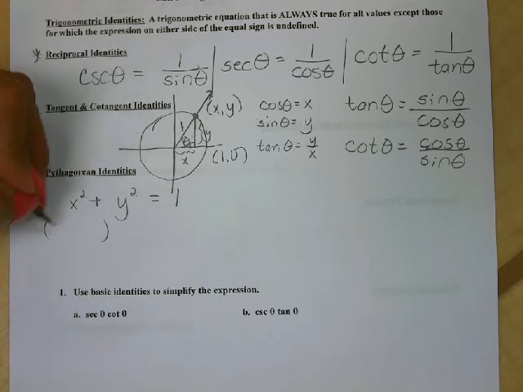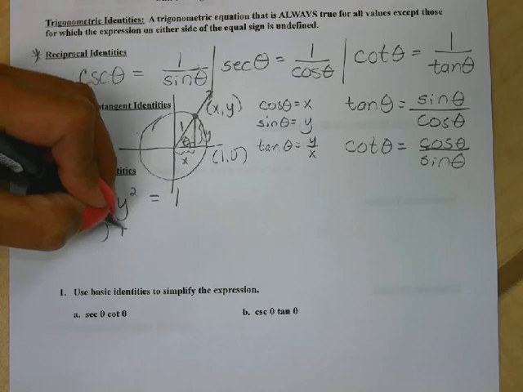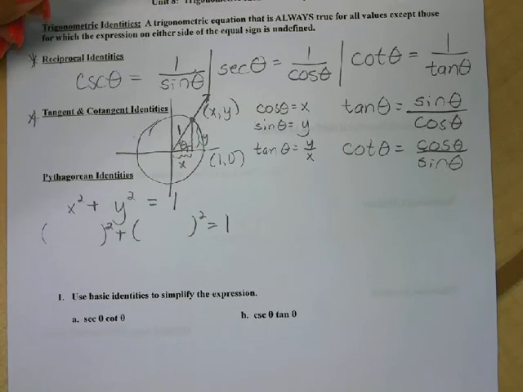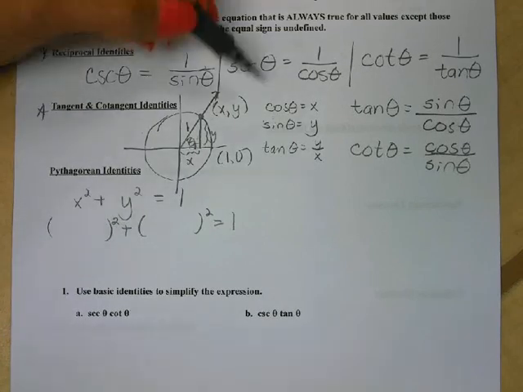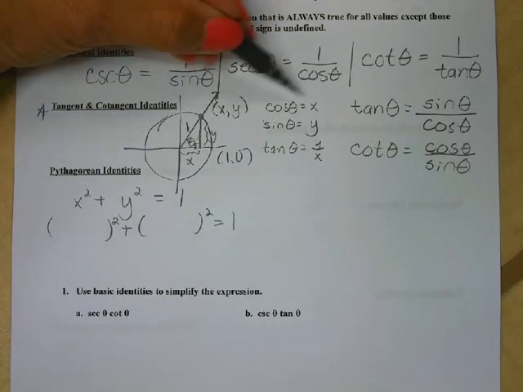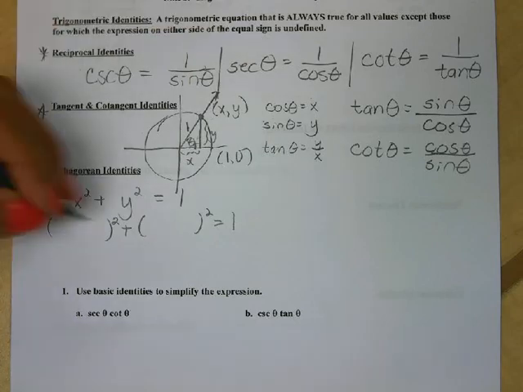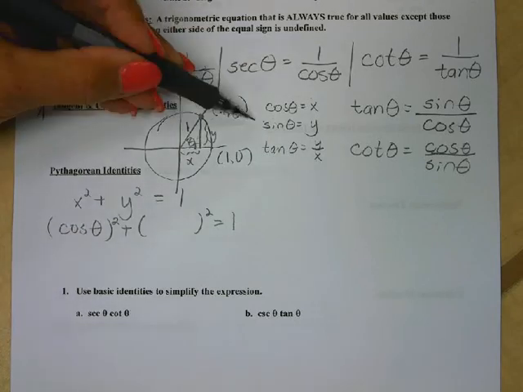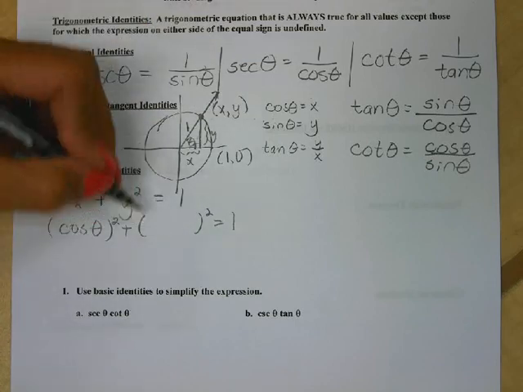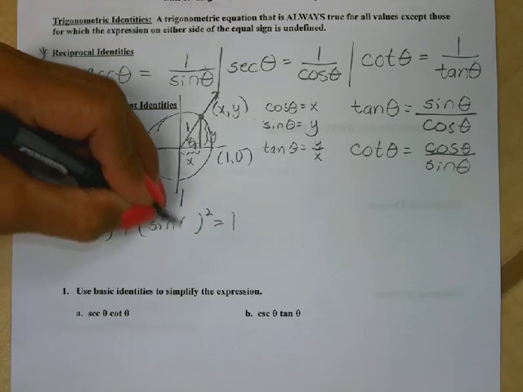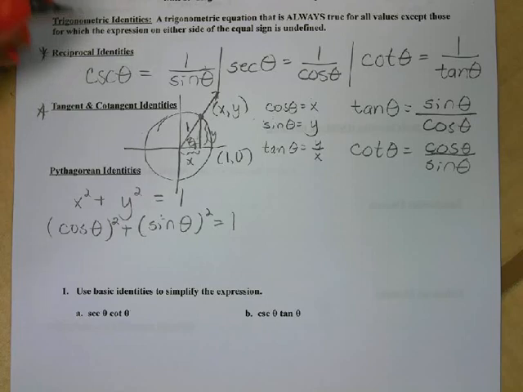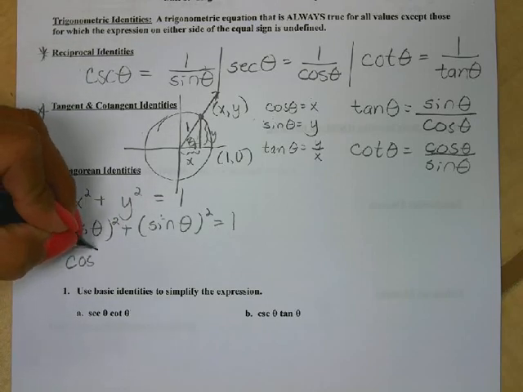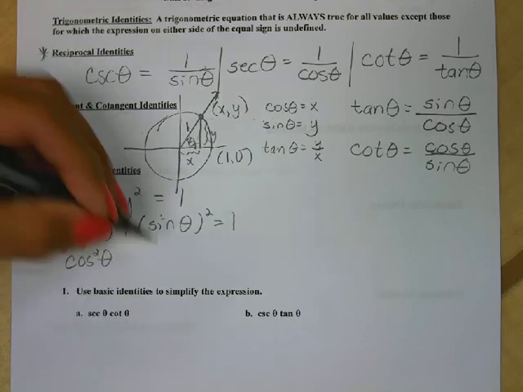Now we actually have substitutions that we can make, though, for x and for y that involve trig functions. So we can see that the cosine of an angle is equal to the x-coordinate, so I can do that substitution here. And the sine of an angle is equal to the y-coordinate on the unit circle. And typically when we write Pythagorean identity, we write it in a little bit different notation.